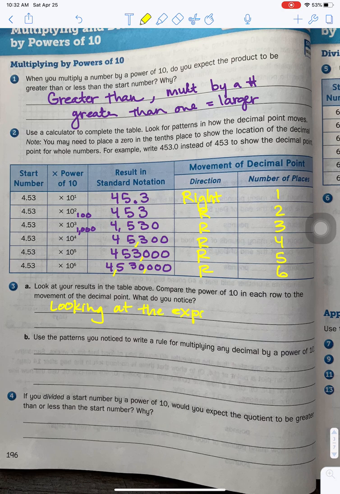So looking at the exponent tells you how many places to the right the decimal point moves.